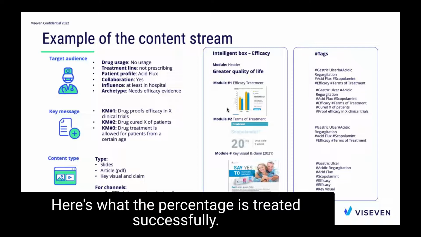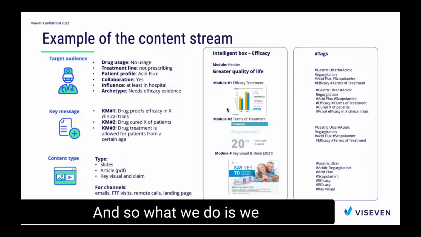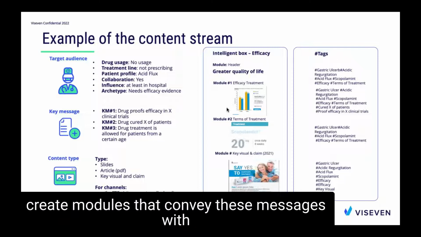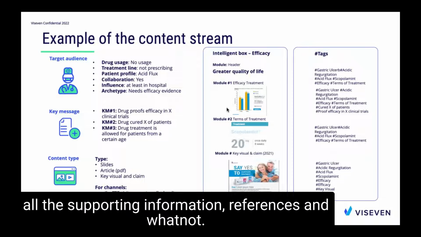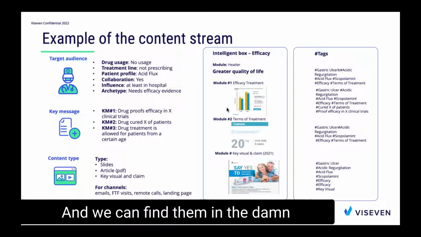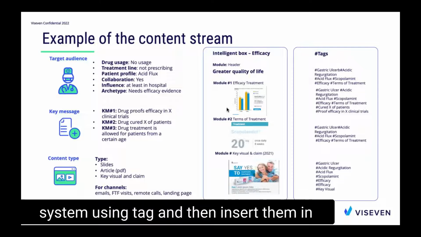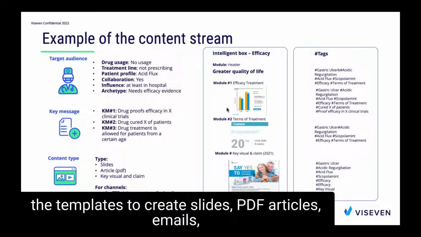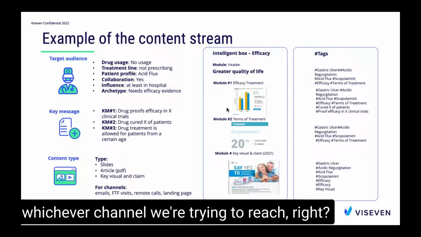Here's what percent is treated successfully, and so on. What we do is we create modules that convey these messages with all the supporting information, references and whatnot, and we can find them in the DAM system using tagging, and then insert them in the templates to create slides, PDF articles, emails, whichever channel we're trying to reach, right?